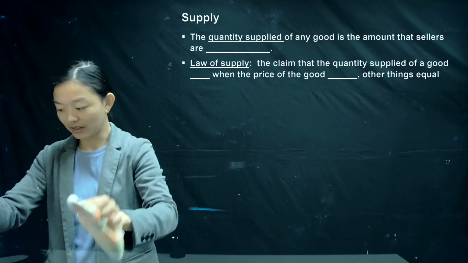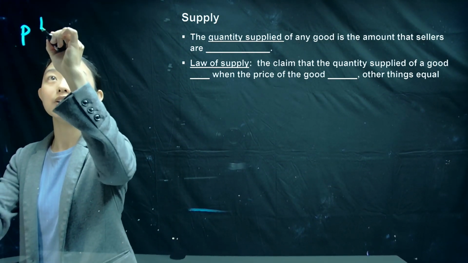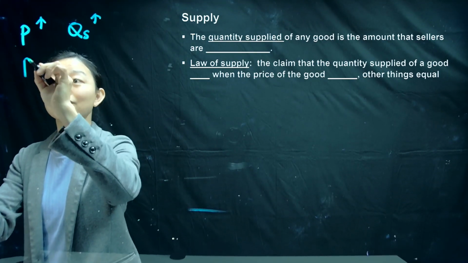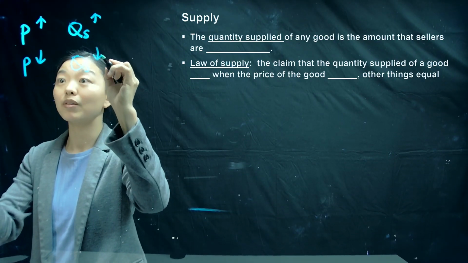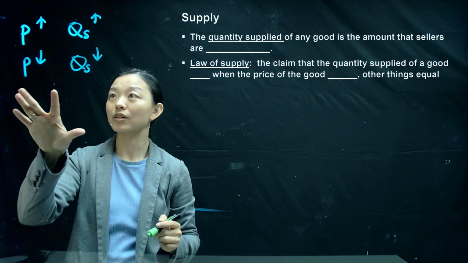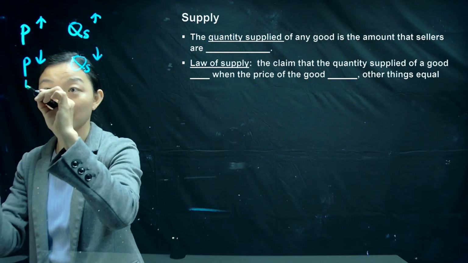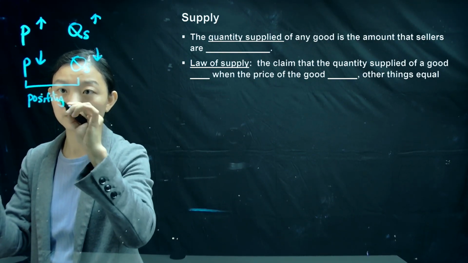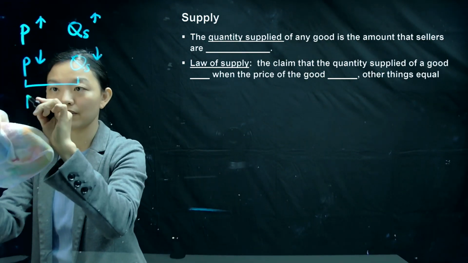So here you can see price increases, quantity supplied increases. If the price becomes cheaper, then sellers have no motivation to offer more products. So price and quantity supplied are positively related, right? Positively related.